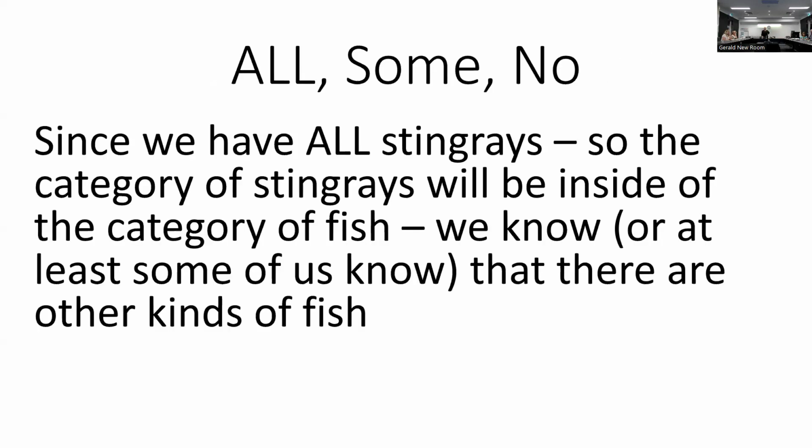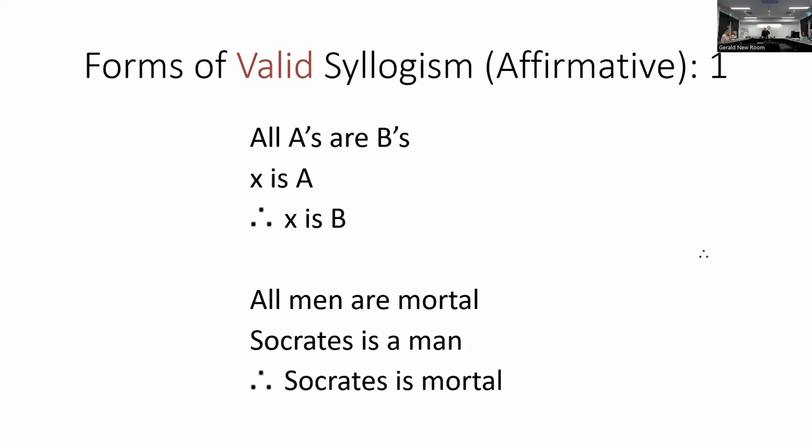Okay, so now we've got all, some, none. Look at this, affirmative. Remember I said we have those two, affirmative and negative. Only those two. All A's are B's, X is A, therefore X is B. Yes, Socrates.